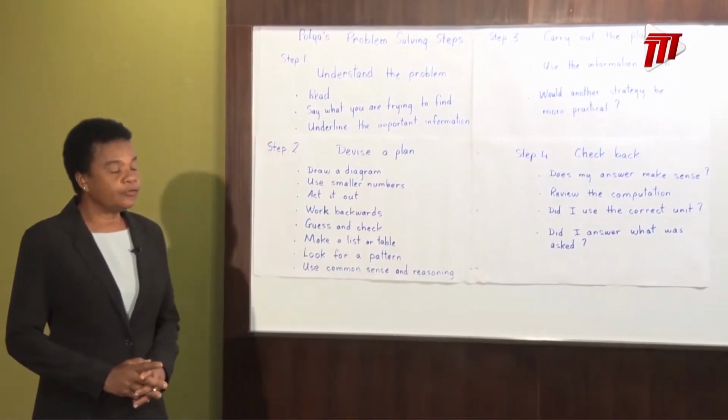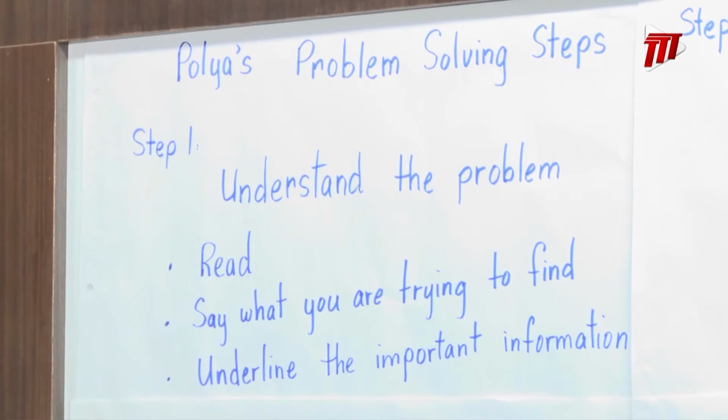Now, the first thing I want you to notice is that we are using Polly's problem-solving steps. There are 4 steps. The first step is to understand the problem. How do we go about understanding the problem? Well, you need to read.